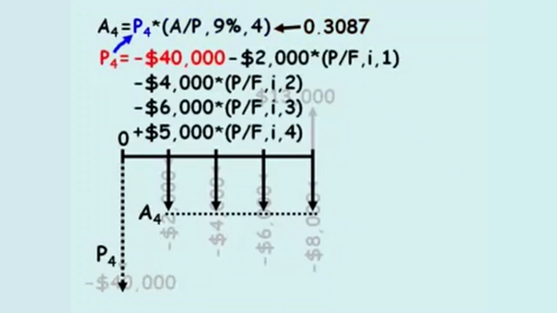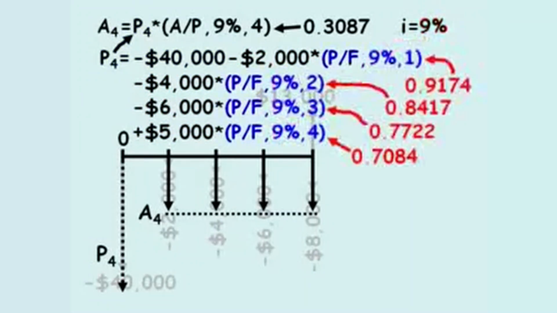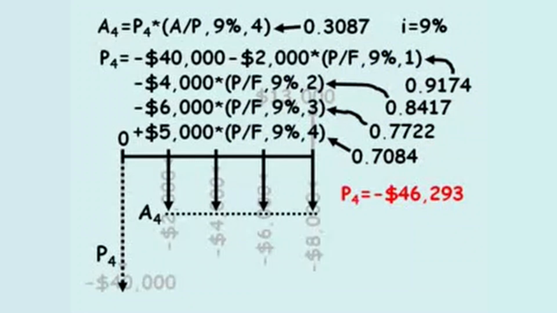P4 equals negative $40,000 in addition to the equivalent present value cash flows for the following 4 years. Using an interest rate of 9%, the discount factors are looked up in a table of values, and our value for P4 is calculated to be negative $46,293.